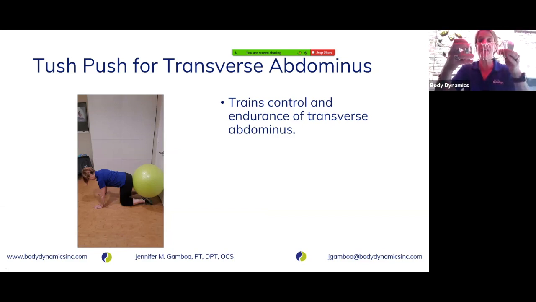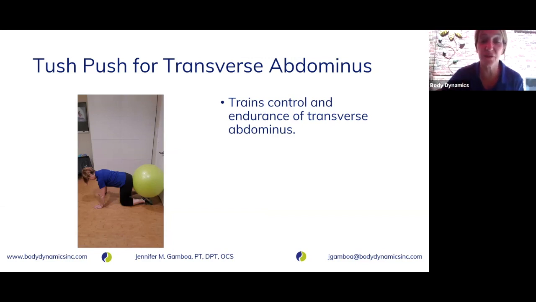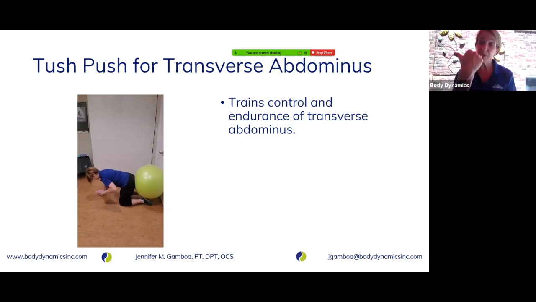Okay, so immediately that transversus gets it, it contracts, it starts to snug in, and then when you're pushing back, you're working on endurance. And this is just several variations on a theme for this exercise. So here we're pushing straight back. And then when we add some arm variations in, we're adding them in while we maintain the pushback.